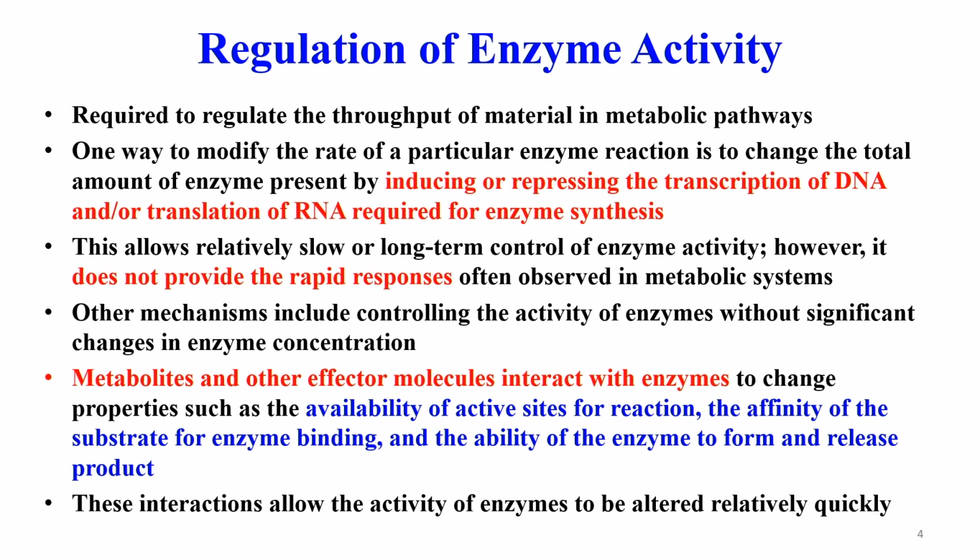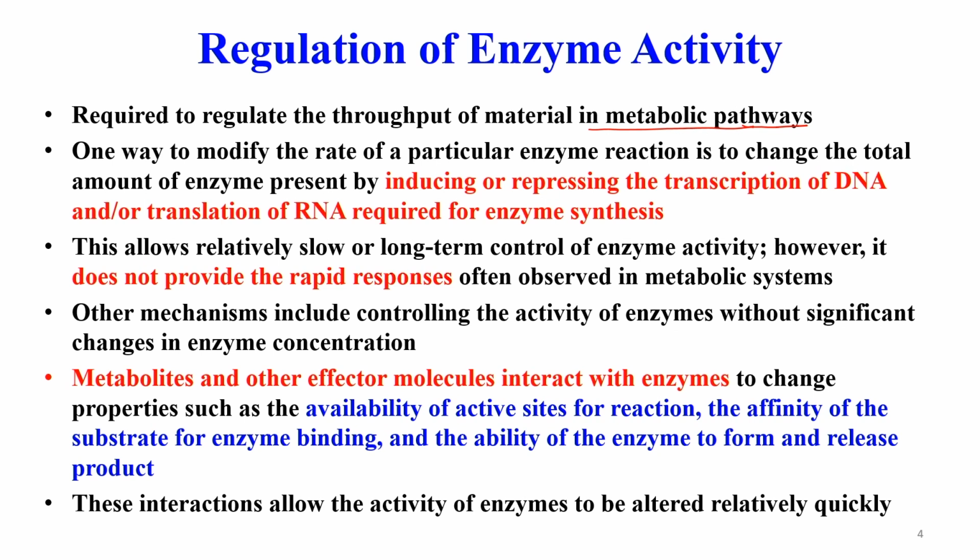Why do we need to regulate enzyme activity? As we know, enzymes are biocatalysts for biochemical reactions, and a metabolic pathway has n number of biochemical reactions. If you want to regulate the throughput of any biochemical reaction, we need to regulate the enzyme activity.